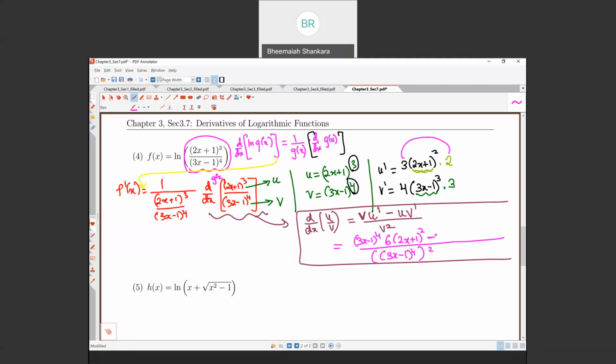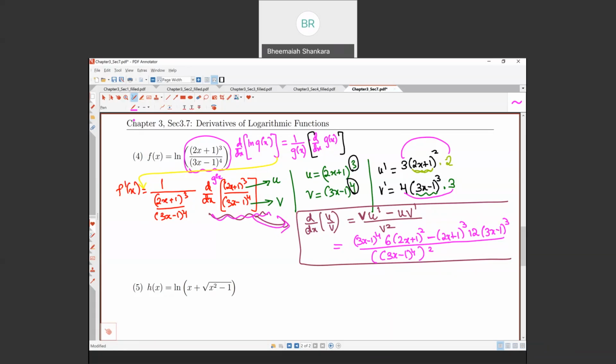Then you have u term, u is 2x plus 1 to the 3, and v prime, you can multiply the 4 and 3. So you have 12 times 3x minus 1 to the 3. So all this is the derivative of u over v, which is this quotient term here on the left.